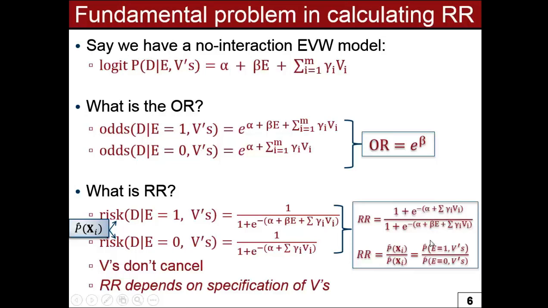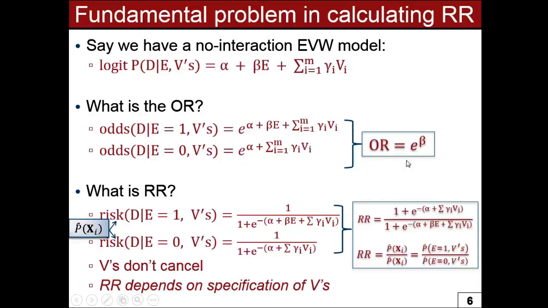So there's no convenient way to take this ratio. The V's don't cancel out. You're just left with this not very helpful expression. The big fundamental issue is that the risk ratio depends on the actual V's involved, on specifying all of the V's. The beauty of the odds ratio is I didn't have to think about what sex they are, or what this or that.